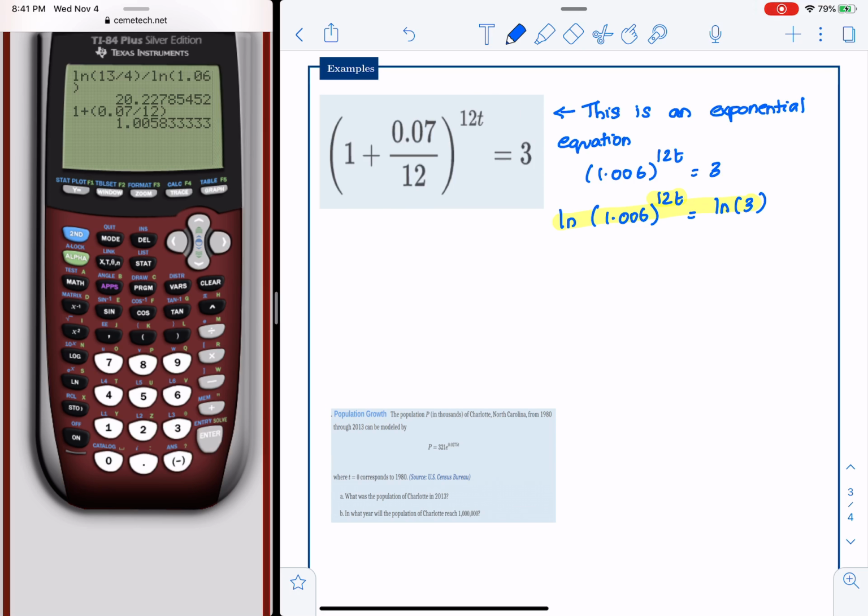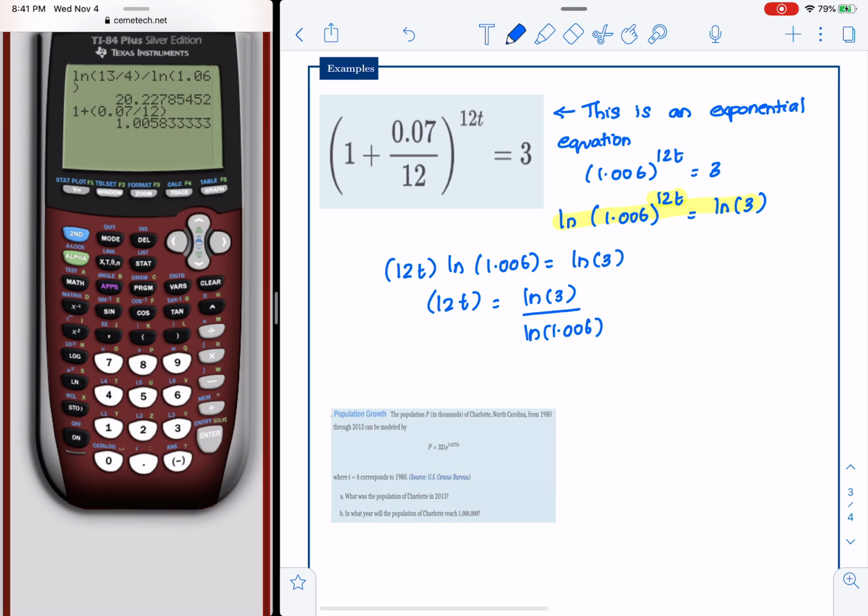So using the power rule of logarithms, the 12t is going to come to the front. 12t multiplied by ln of 1.006 equals ln of 3. 12t would be equal to ln of 3 divided by ln of 1.006.